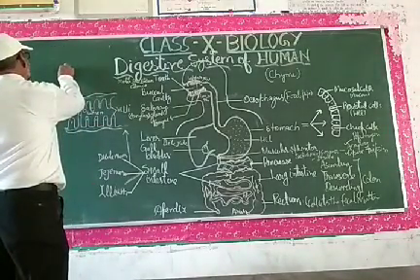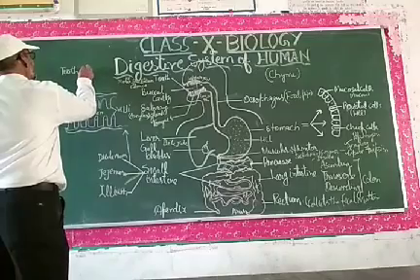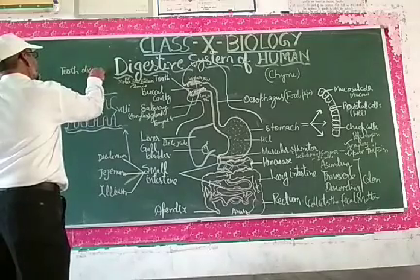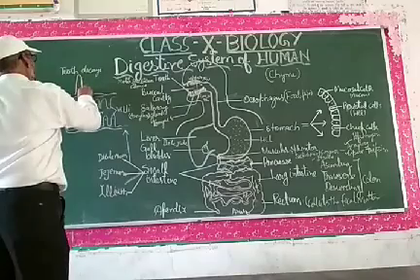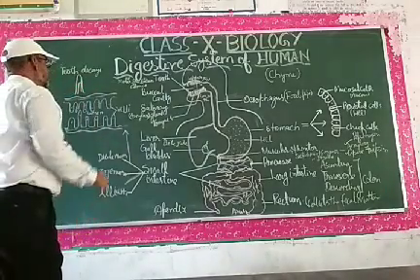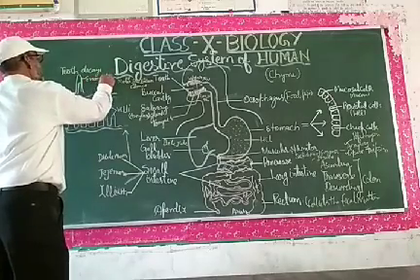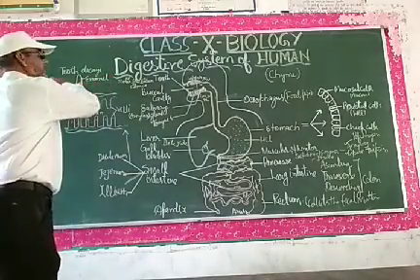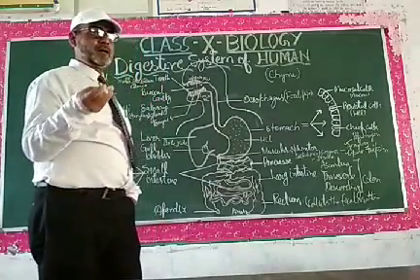In case of tooth decay, the tooth structure like enamel and the inner structure, this is the enamel, gets degenerated due to bacterial action on carbohydrate.